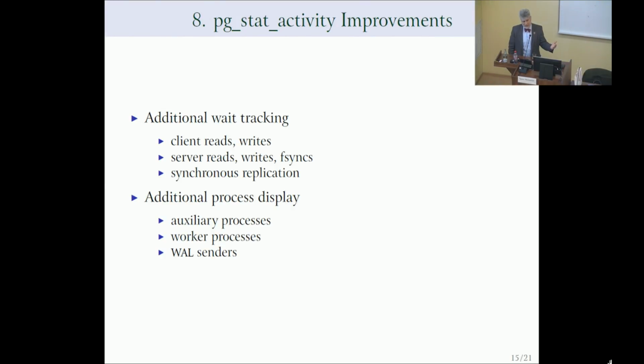So we had this in Postgres 9.6. What we did add in Postgres 10 were additional wait events, things like client reads and writes, so network overhead waits, reads and writes to the operating system, fsyncs, and even replication waits.